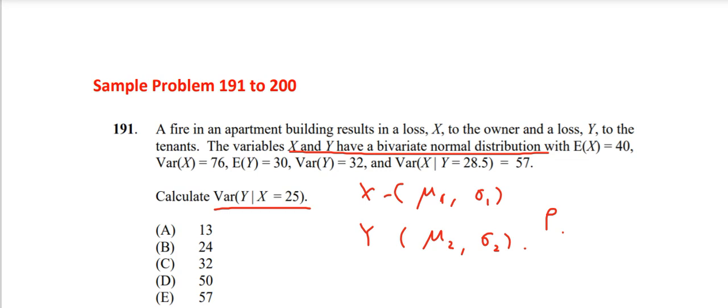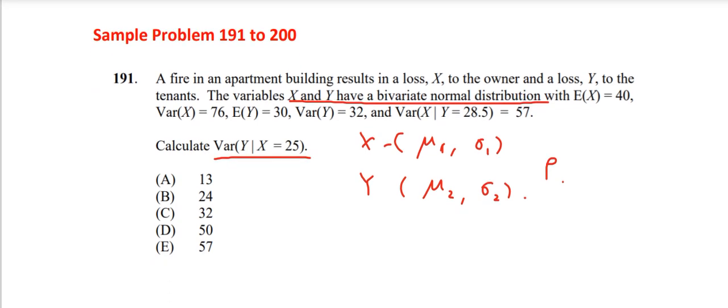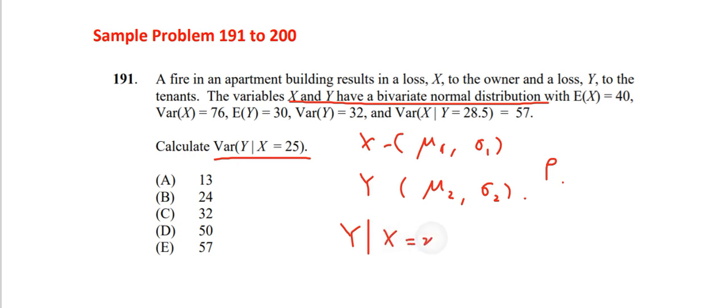They have some relationship, and we know there is a conditional distribution for Y when X is fixed, X equals x. These follow a normal distribution, so the mean is this and the standard deviation is this. We have some formulas, but the formula is hard to remember.